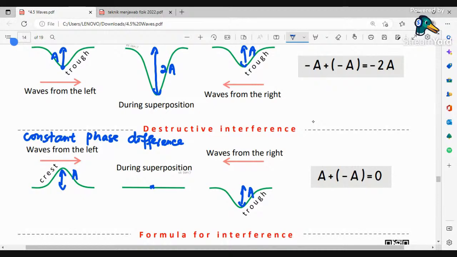So A minus A equals 0, means cancellation will produce 0 amplitude of wave. Okay, so this one will become destructive interference. The two waves meet and produce minimum amplitude of resultant wave. So we call it destructive, memusnah. So we have two types of interference, constructive and destructive.